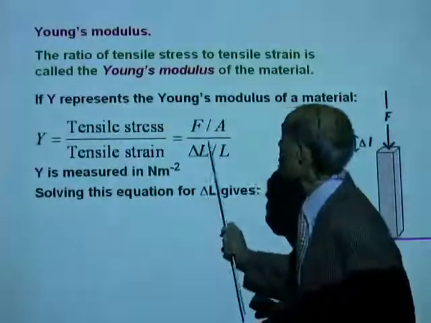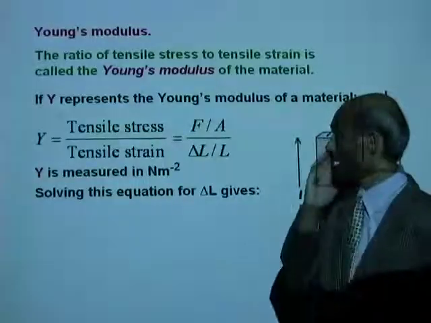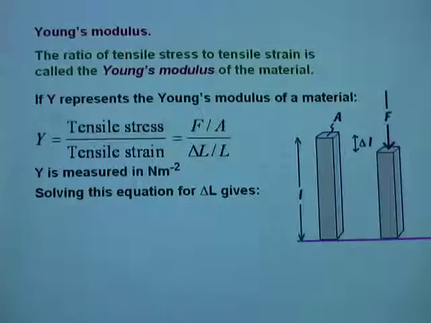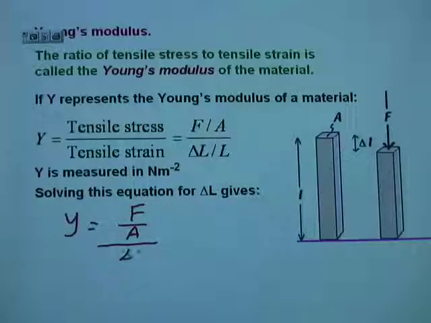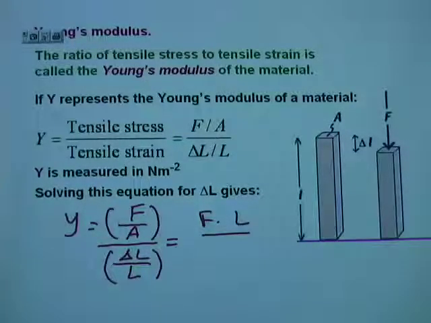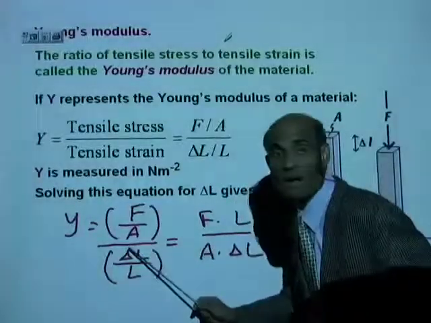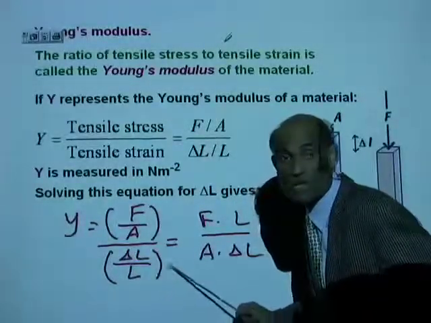Let's solve this equation for delta L. Can you do that? You have Young's modulus Y equal to F over A divided by delta L divided by L. Now, this is stress divided by strain, and that will be F times L over A times delta L. This L will go up.